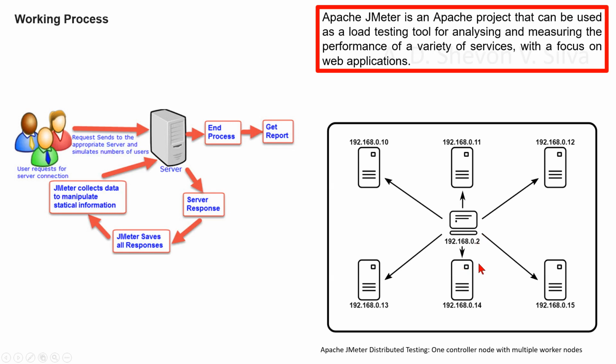Here we assume you already have JMeter installed on all systems. The way JMeter works is one controller node initiates the test on multiple worker nodes.